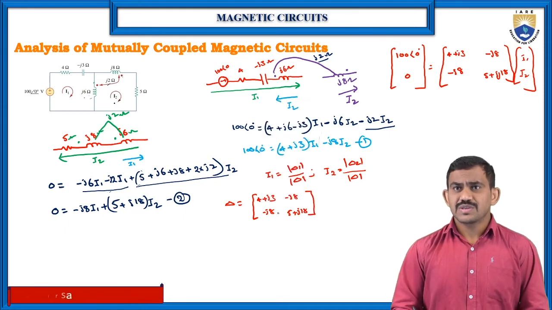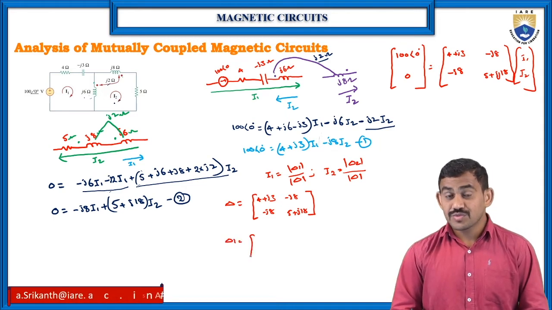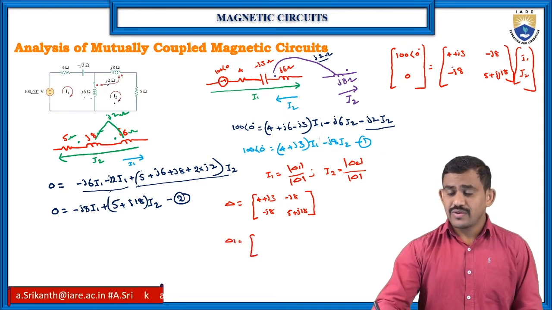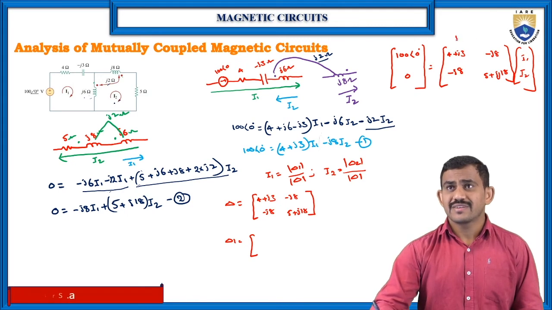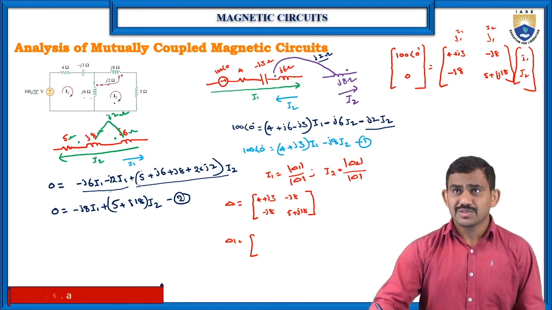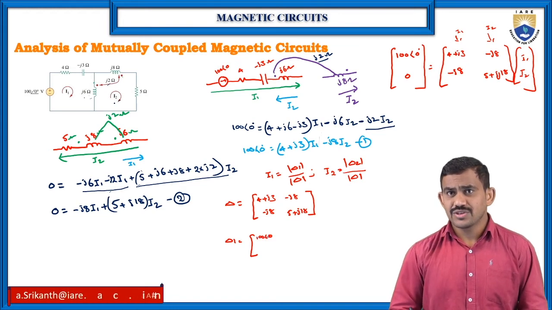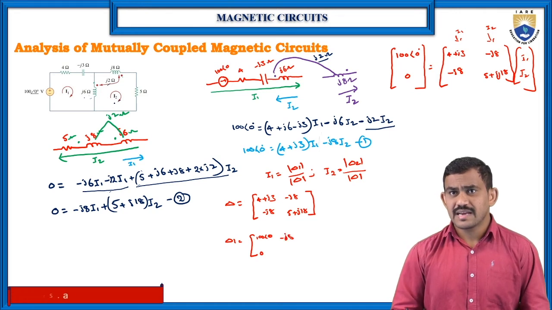Coming to delta 1, we need to remove the I1 values. In this main matrix, this column is your I1 value and this is your I2 value. If you remove the I1 column and substitute the equal values, that is 100 angle 0 and 0, the remaining is minus j8 and 5 plus j18.